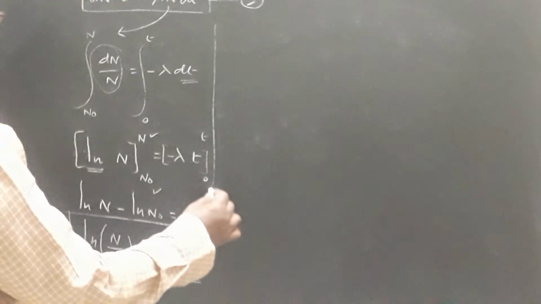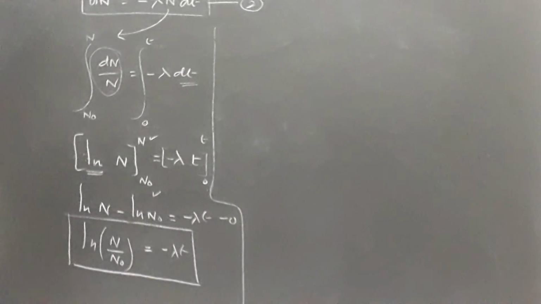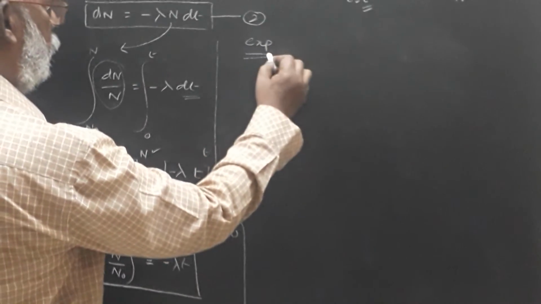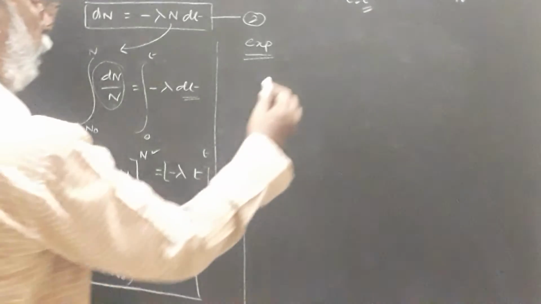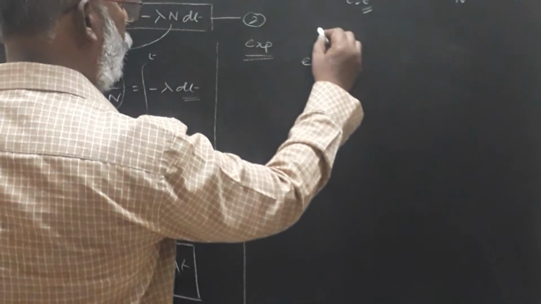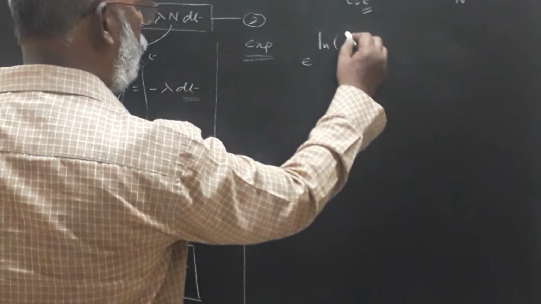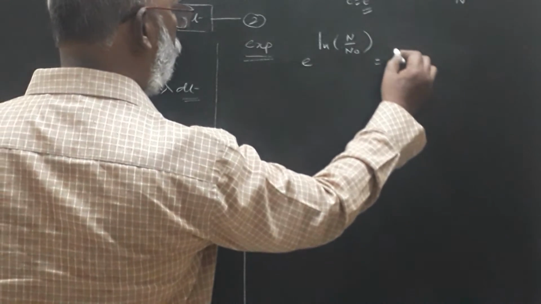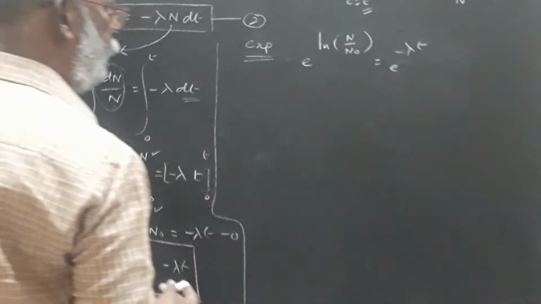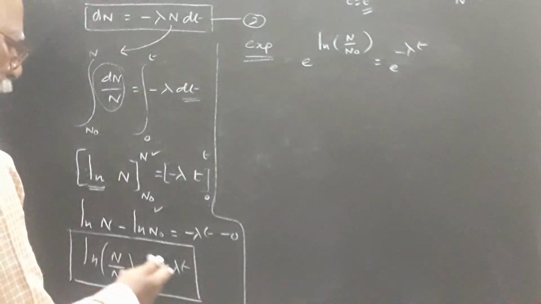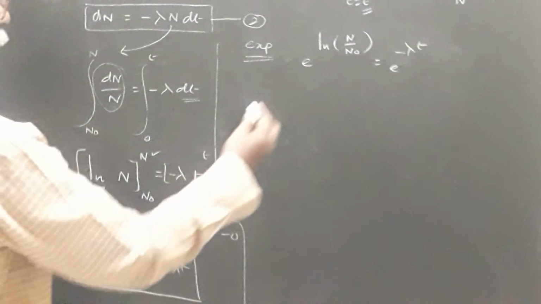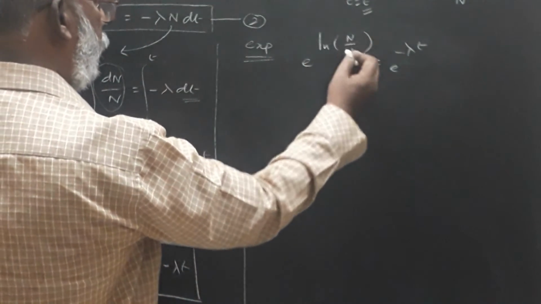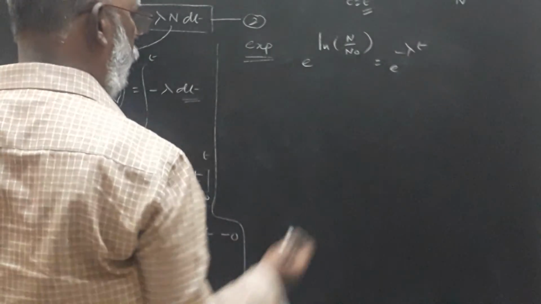Now we want to find the solution for this equation. We have to take the exponential of both sides. Then we can write e power natural log of N by N naught equals e power minus lambda t.